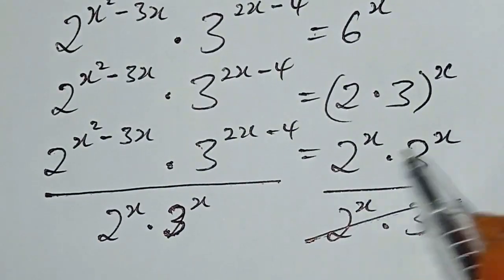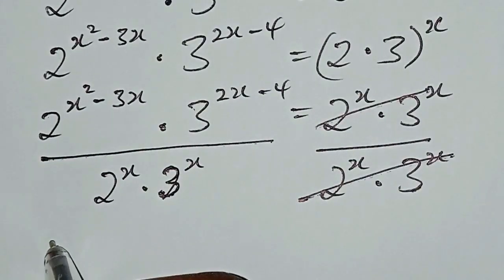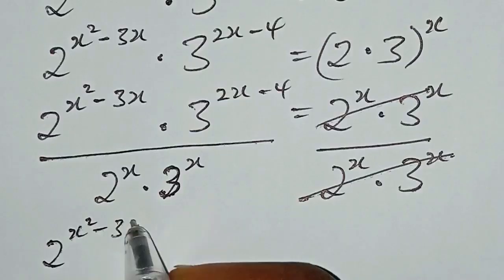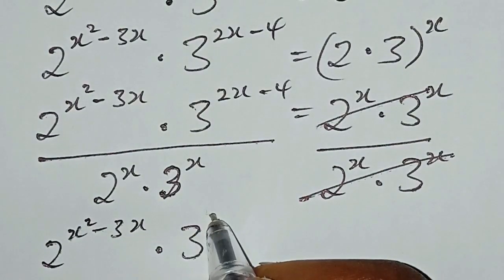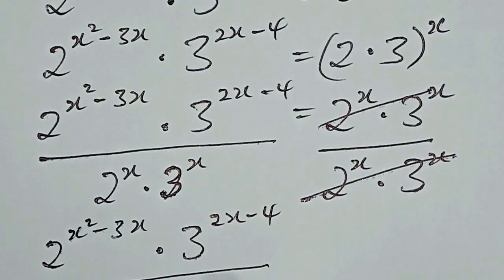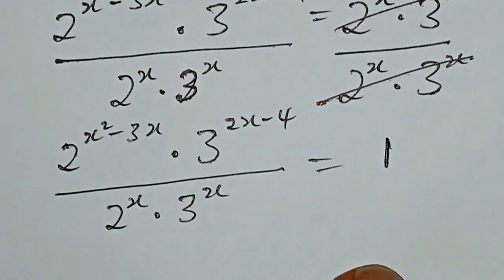So this we cancel out with this, and this will be given as 2 to the power of x squared minus 3x, then 3 to the power of 2x minus 4 over 2 to the power of x, then 3 to the power of x, everything equal to 1.